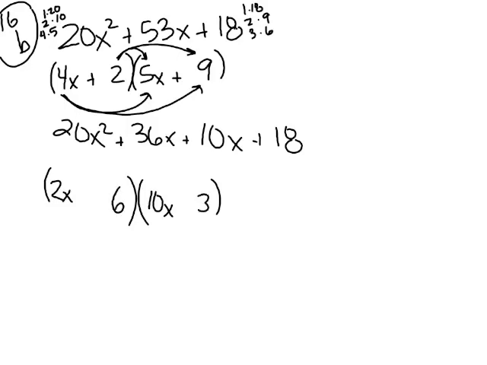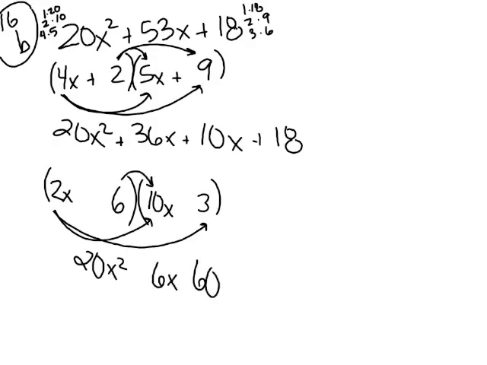Okay, so 2 times 10, there's my 20x squared. I've got 6x and 60x. One off, huh? Because I needed a 53, so even if I had made them both negative, it wouldn't work.